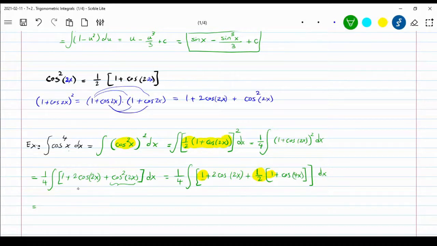So I have 1/4 outside multiplied by the integral of 3/2 plus 2 cosine 2x, and plus 1/2 cosine 4x, and this whole thing multiplied by dx. Okay.